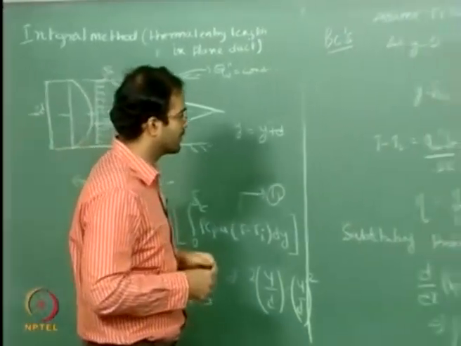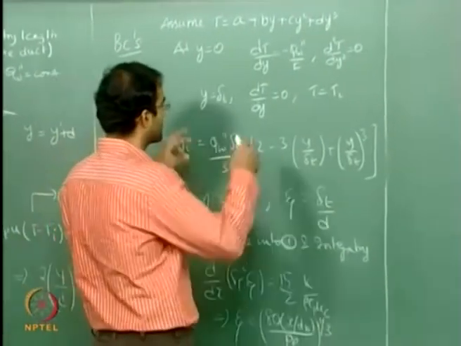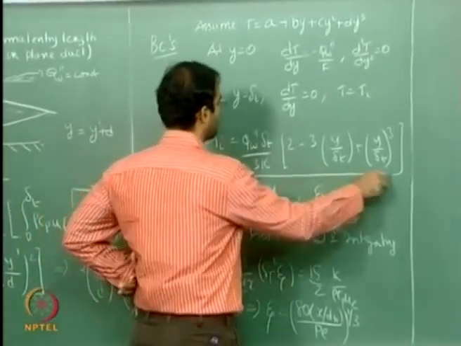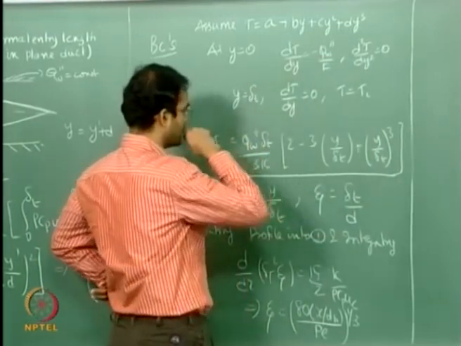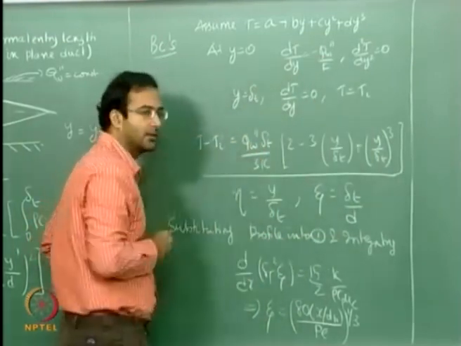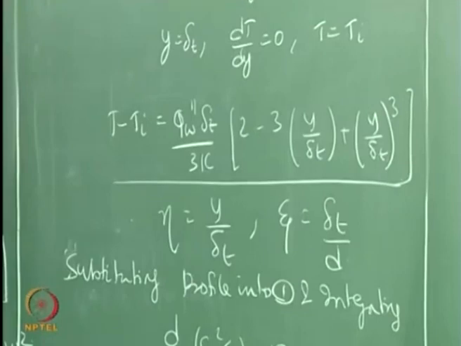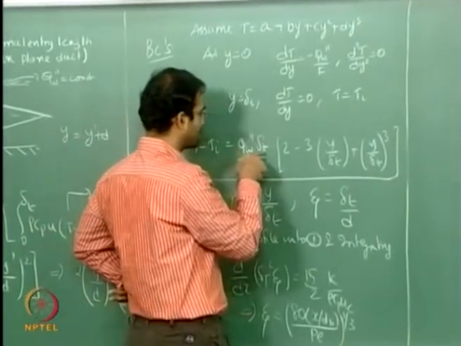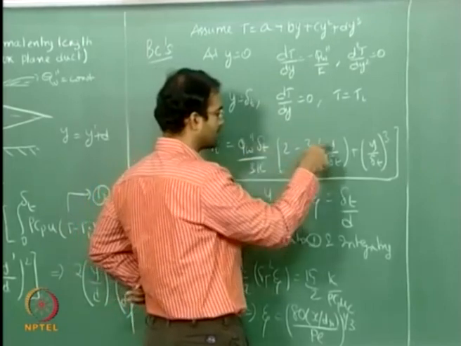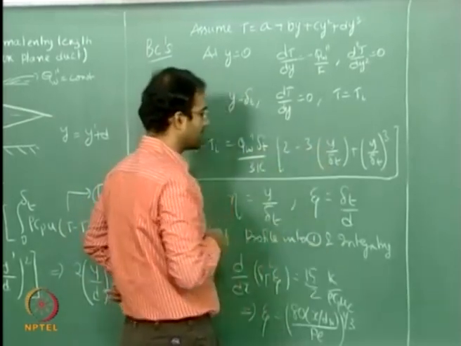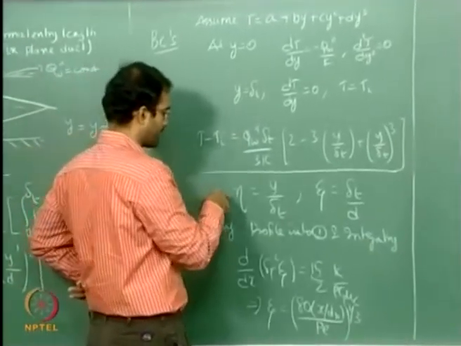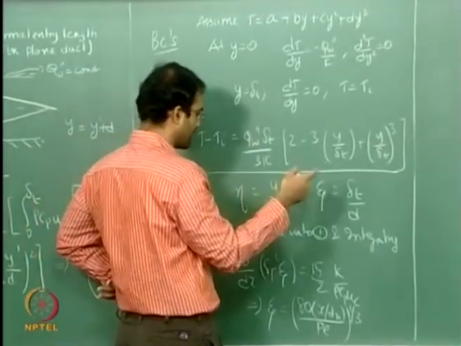So if you substitute all the boundary conditions, you can end up calculating all the coefficients, and this is the resulting cubic profile for temperature that you get. The temperature profile is a function of your wall flux, your thermal boundary layer thickness, and of course the non-dimensional y coordinate. We will introduce certain non-dimensional variables here.